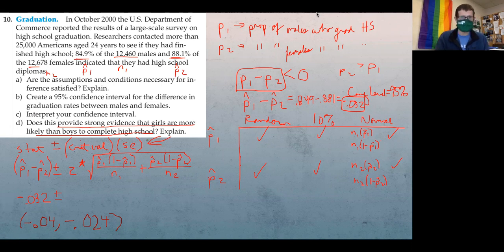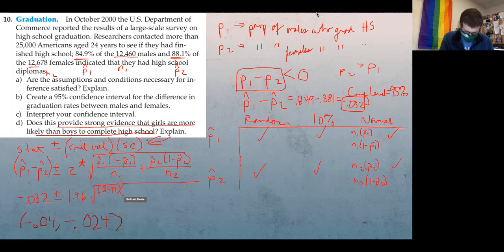So just to make sure, if you did make a mistake, I'm just going to fill in the numbers real quick. 1.96. I'm not going to go through the entire calculation, but we've got p hat sub 1 was 0.849. I've got it written down on a piece of paper right here.